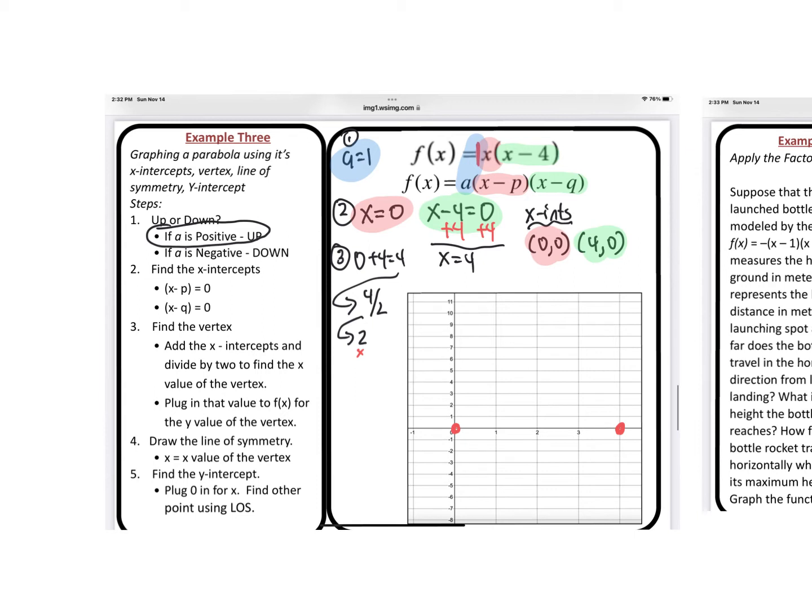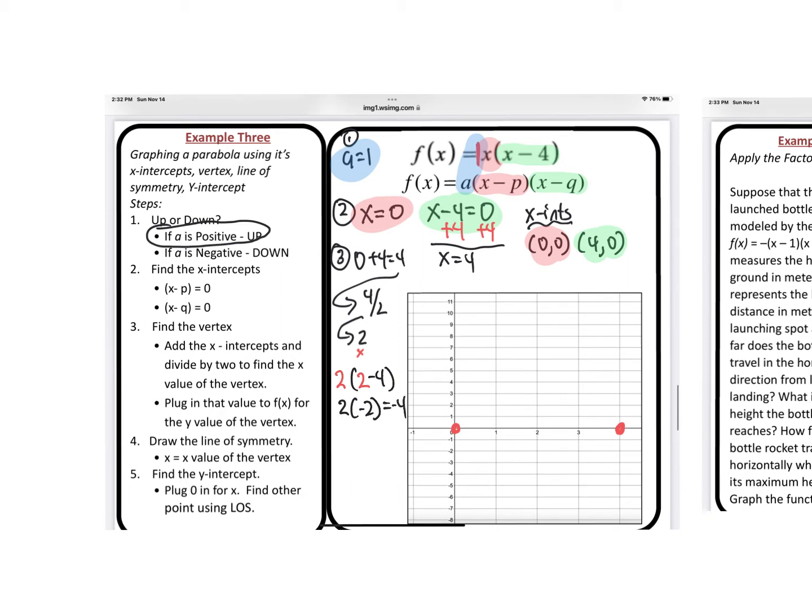Then we plug that 2 into the original, which is over here, and every x turns into 2. So I get 2 parentheses 2 minus 4. 2 minus 4 is negative 2, and at the end of the day we get a negative 4.